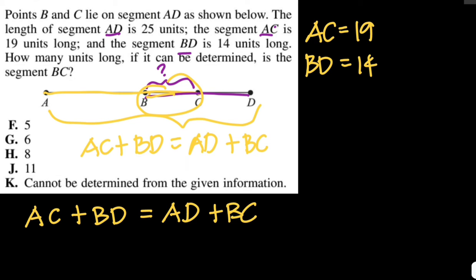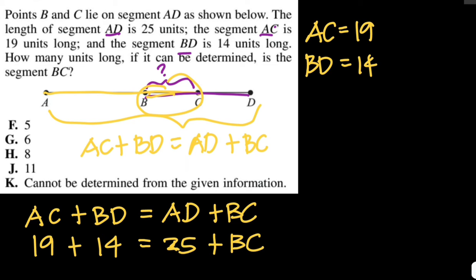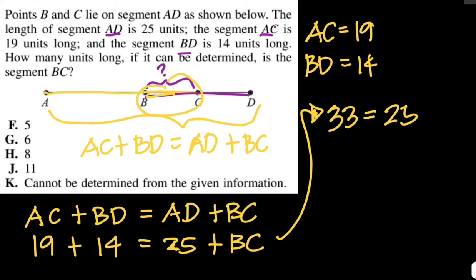And now let's substitute the actual lengths in AC plus BD equals AD plus BC. So we're given here that AC is 19, and then BD is 14, then AD is 25, and segment BC is unknown. Now we can solve for segment BC. 19 plus 14 is 33 equals 25 plus BC.